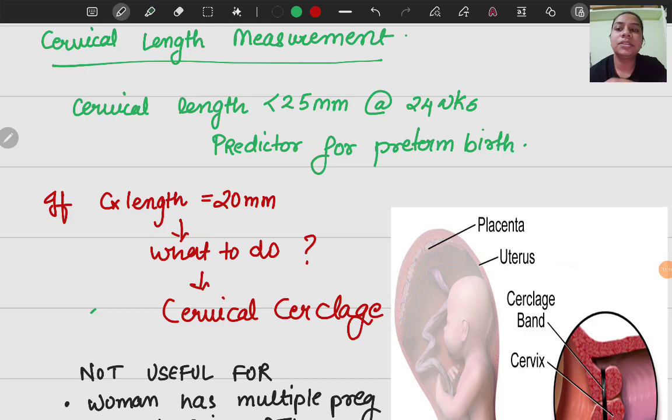Next, we will see the cervical length measurement. Cervical length less than 25 mm at 24 weeks is the predictor of preterm birth. So if the cervical length is 20 mm, what to do?